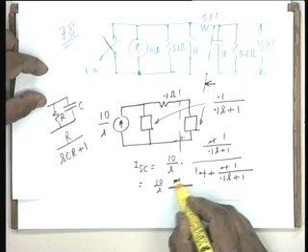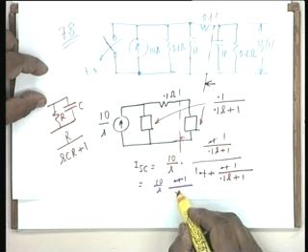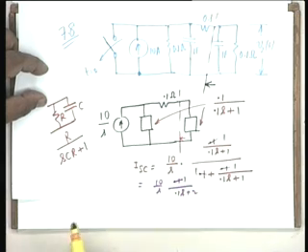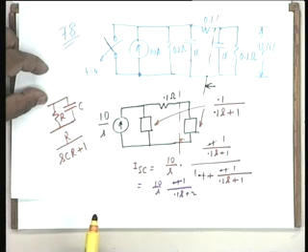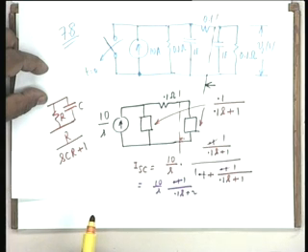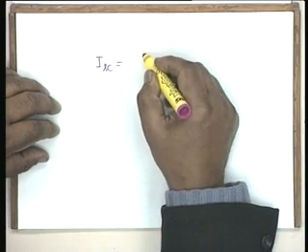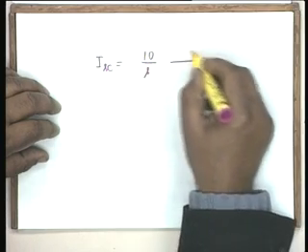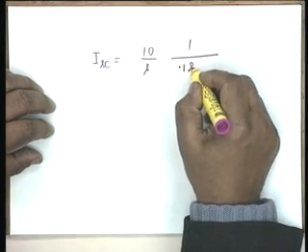Then I shall have 1 divided by 0.1 S plus 2. Oh, the writing is small. I thought the impedance was small. Okay, ISC would be equal to 10 by S times 1 divided by 0.1 S plus 2.